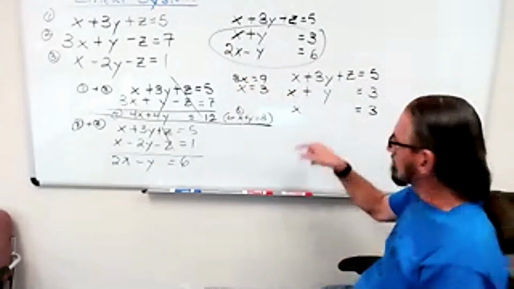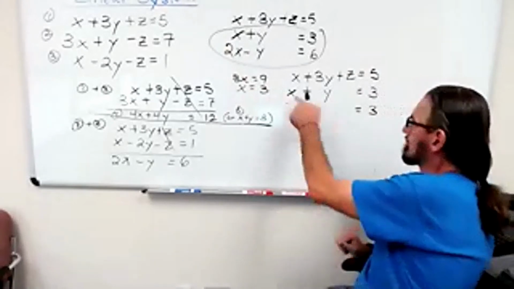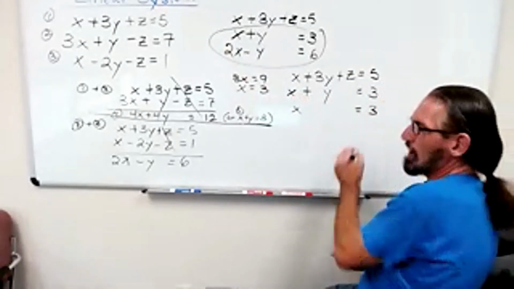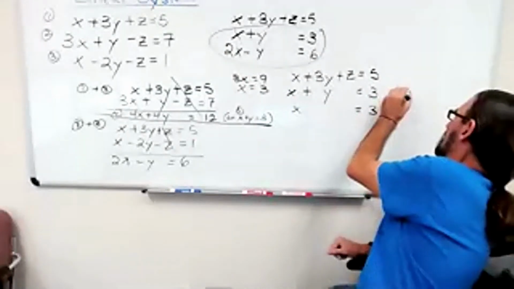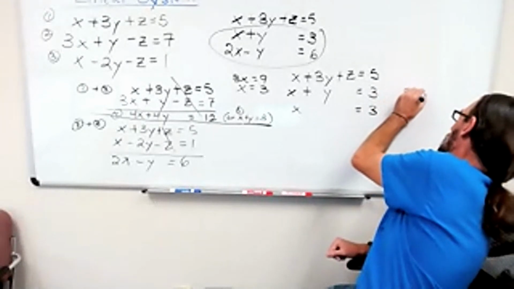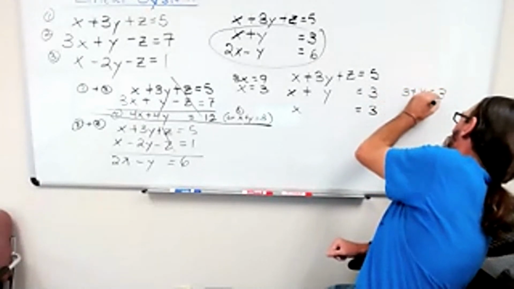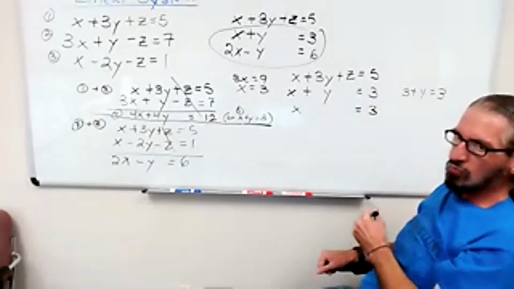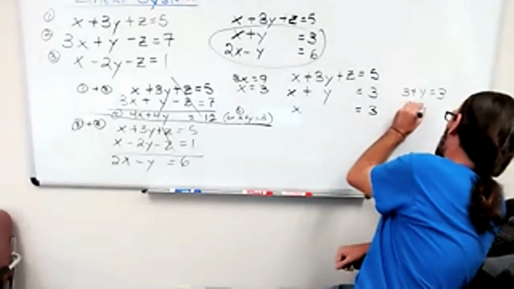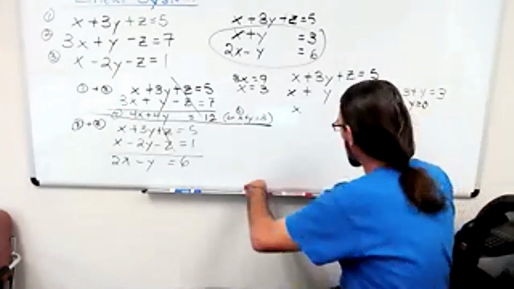Back substituting, if x is equal to 3, then we have 3 plus y equals 3, which implies y must equal 0.